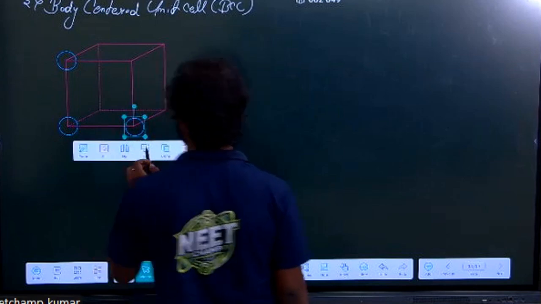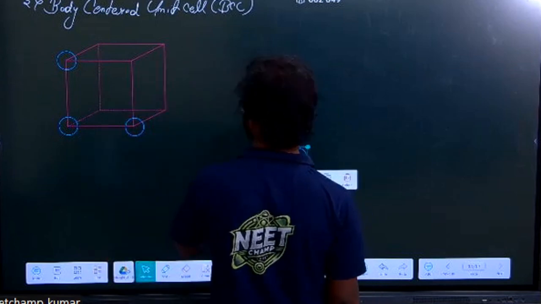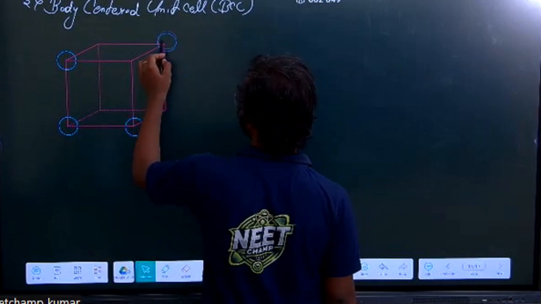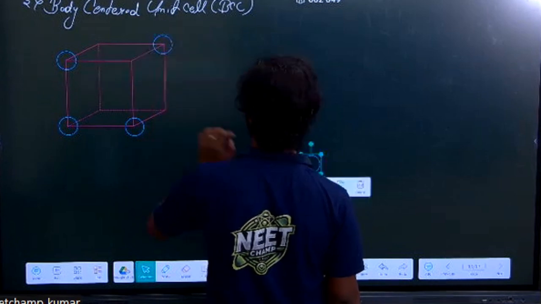All the atoms present in the simple cubic unit cell will also be there here. All the atoms will be at the corners. There is no problem with this.